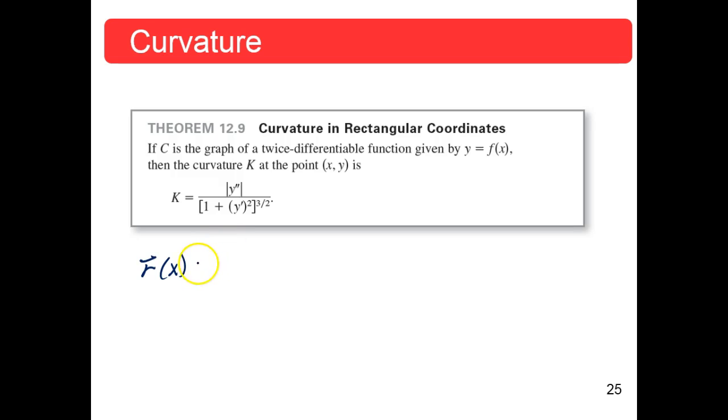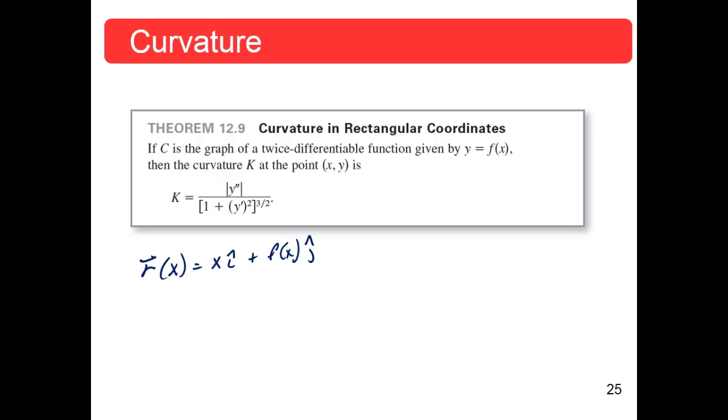This r of x is equal to xi, because that's your x value. Now this isn't this point x, this is your variable x, plus f of x j, which is your y value j. And you don't have a k component, okay? This is a plane curve, okay? 0k.